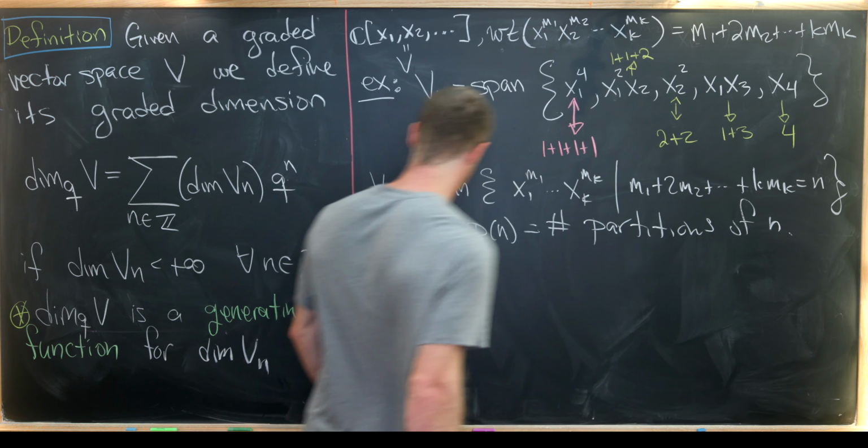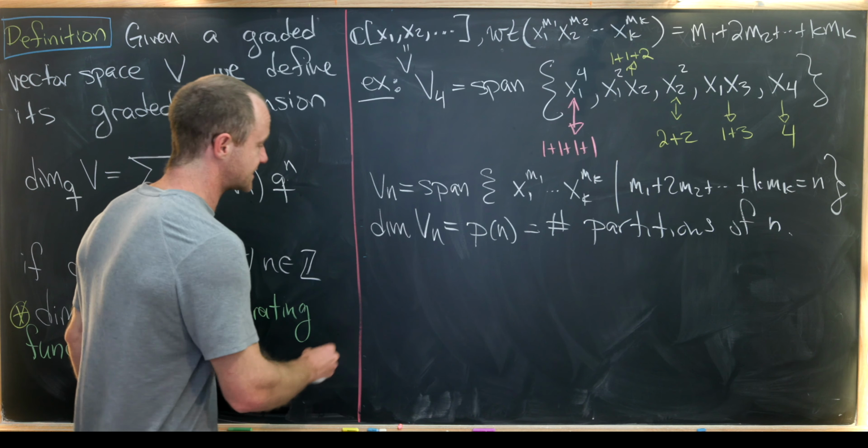So putting this all together, we see that the graded dimension, the q dimension of this infinite dimensional polynomial algebra, is given by the sum as n goes from 0 to infinity of p of n q to the n, where, like I said, p of n is the number of partitions.